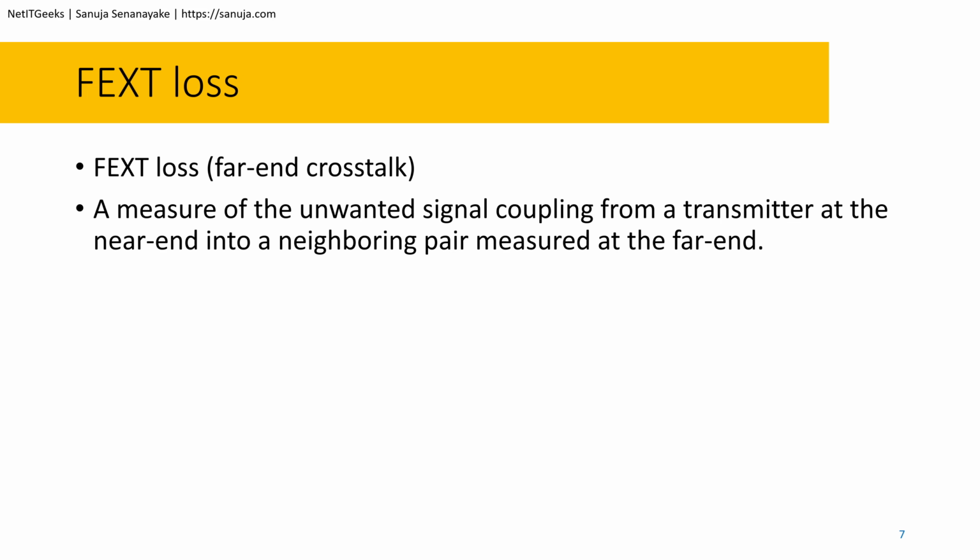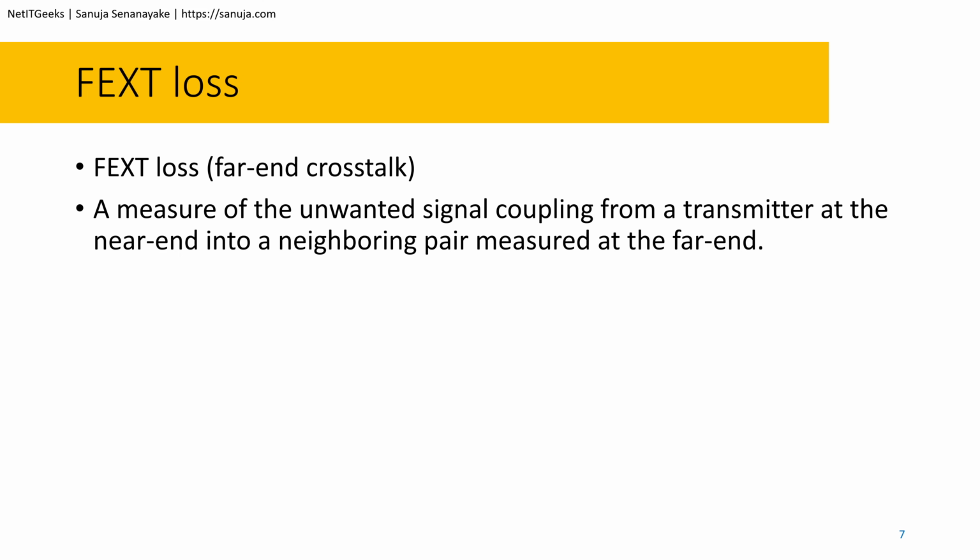Environmental factors can impact this as well. So electromagnetic interference in this case, and also temperature, just like some other losses that we previously discussed. Electromagnetic interference is EMI, where nearby electrical equipment or other sources of EMI can introduce noise into that cable, which interferes with the signal and in return increases the FEXT loss.